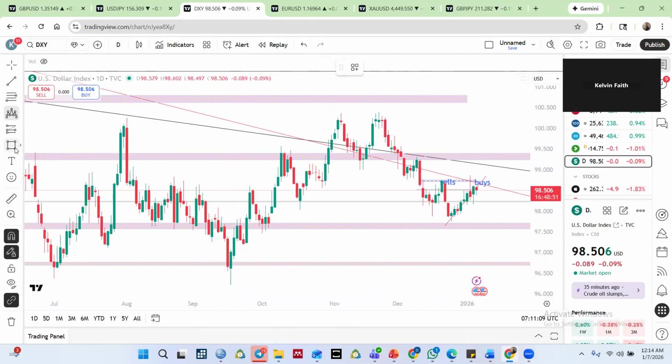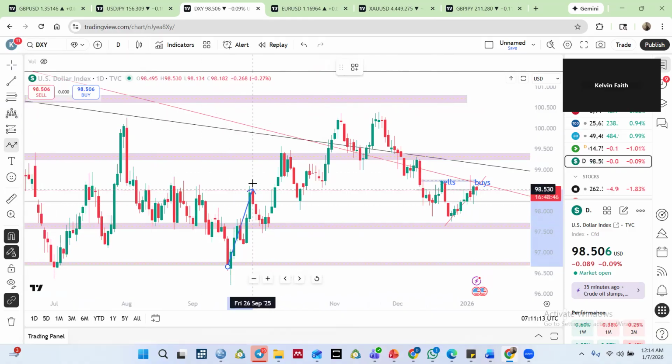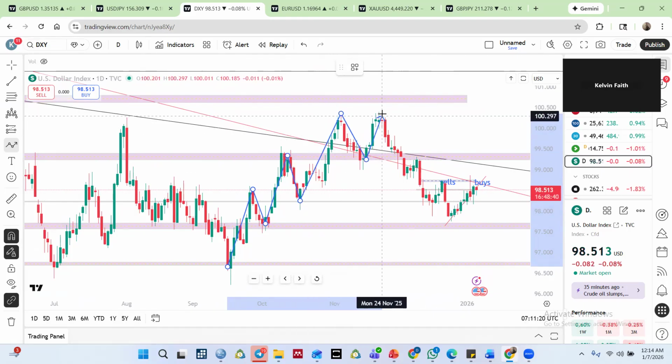On this 1 hour, we can see a higher high, lower high, higher high, lower high, higher high, lower high, failure swing or double top, or another higher high, and then another higher high or maybe equal highs.